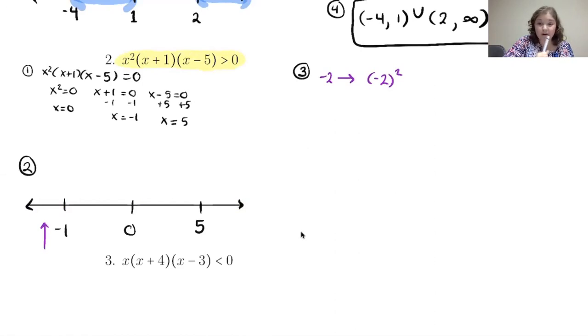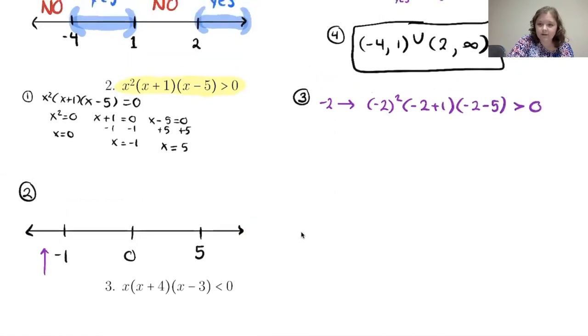We need to actually square -2. So make sure you put it in parentheses. And we'll do -2 plus 1, and then -2 minus 5. And we test to see if that is greater than 0. Sorry, I think I was scrolled up and you couldn't see that.